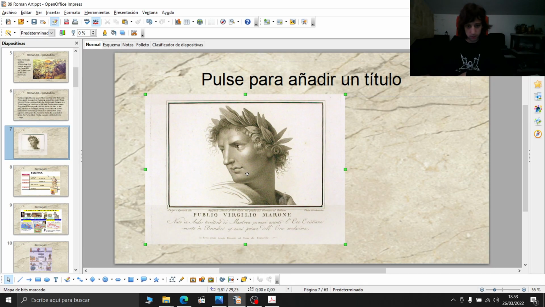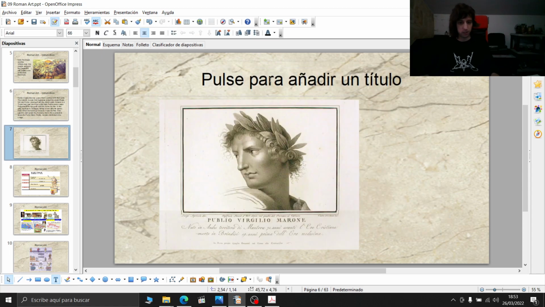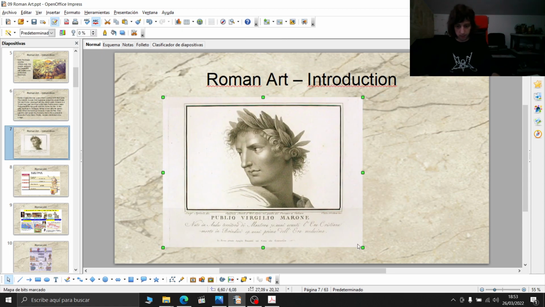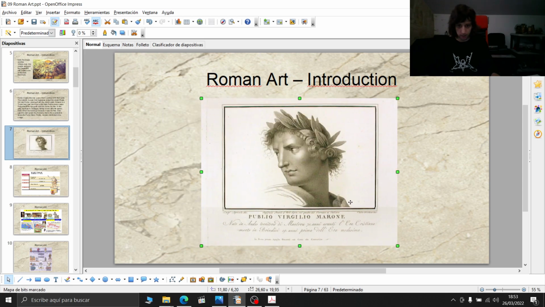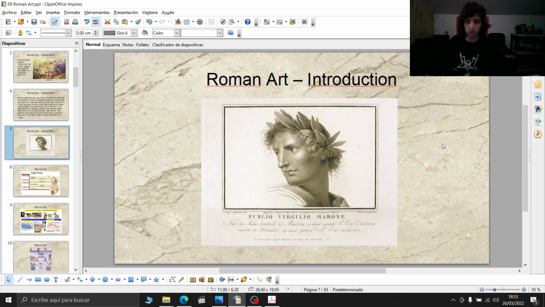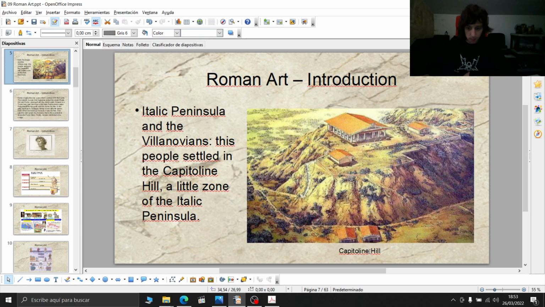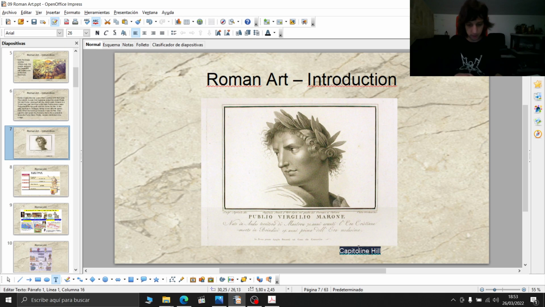Then he continues his travel until reaching Italy, and there he meets the Latin king, and he's going to marry his daughter Lavinia. But Turnus, the man who was originally promised to marry Lavinia, gets angry and declares war on Aeneas.